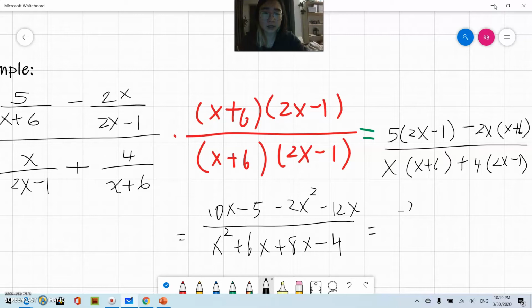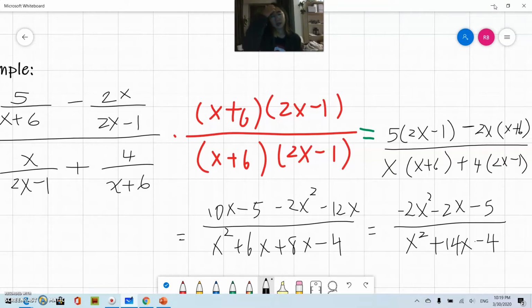All right, let's write it in standard form. And the bottom would be x squared plus 14x minus 4. And that's it. You can't factor anything. You can't do anything else other than this. You are just going to leave your answers as that.